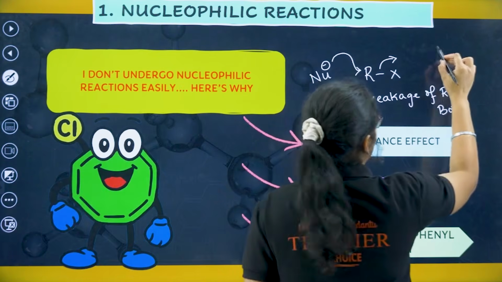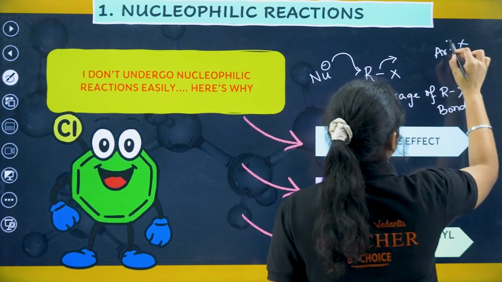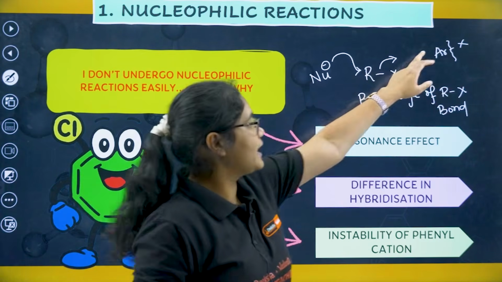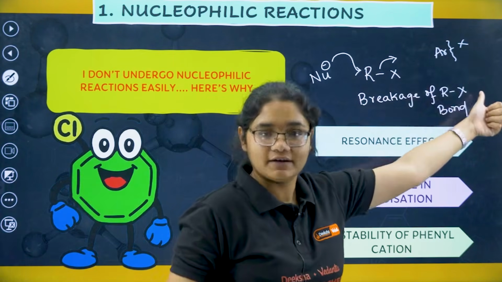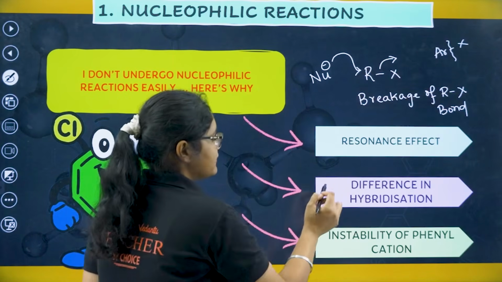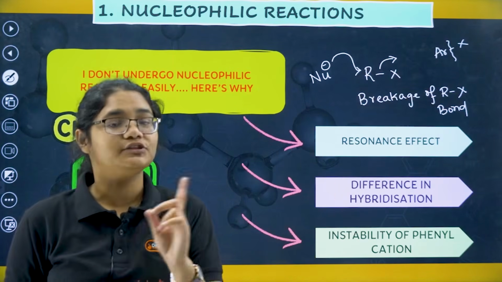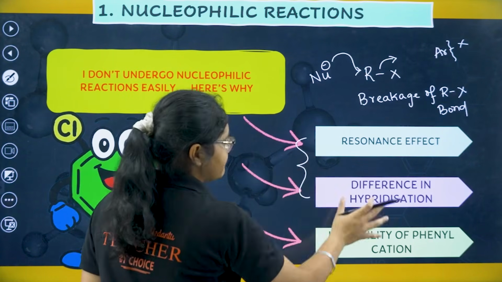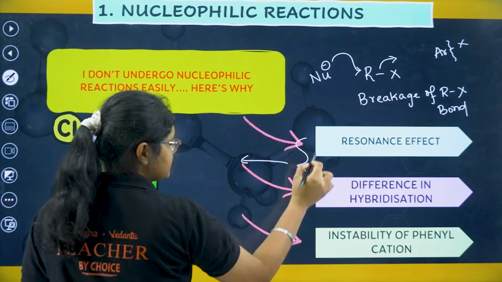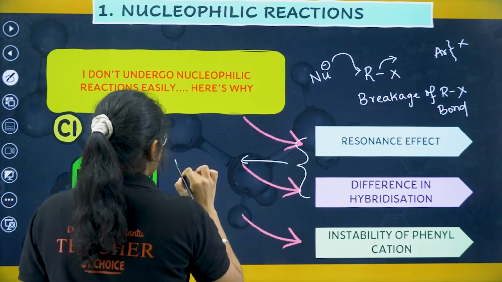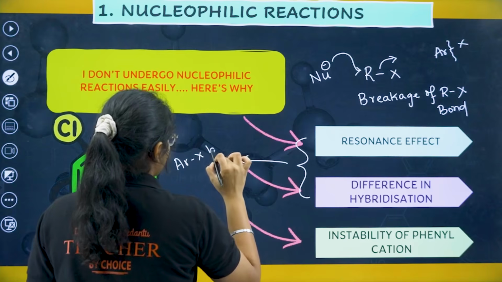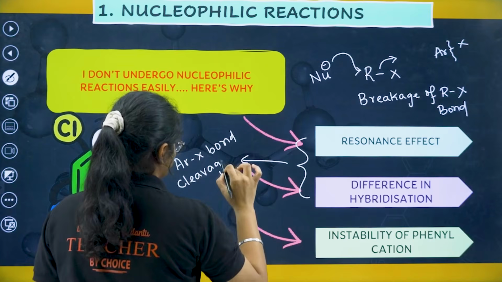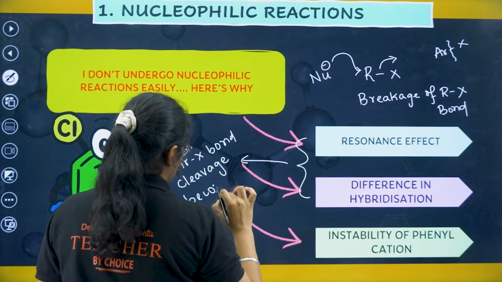Similarly, if you have Ar and X, this ArX bond has to break, but this ArX bond breaking becomes very, very difficult due to resonance effect and difference in hybridization, which we will talk about in detail. Because of these two factors, the ArX bond cleavage becomes difficult.